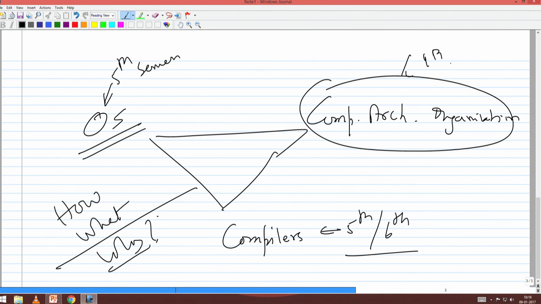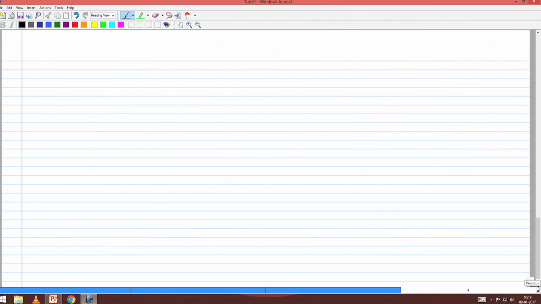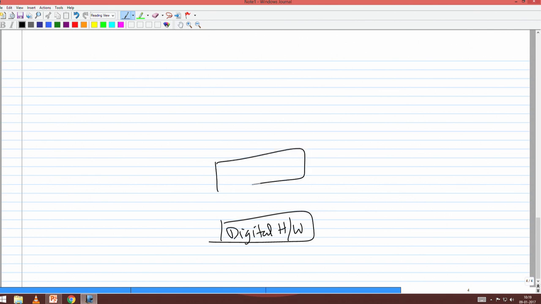Fine. So when we look at the organization of a system, there are 5 levels. One is the basic digital hardware. On top of it is what you call the microarchitecture.